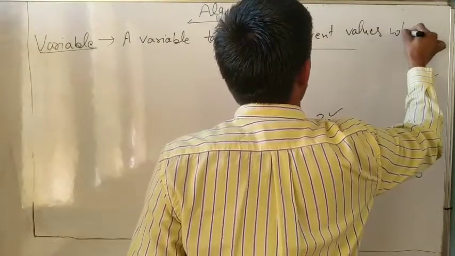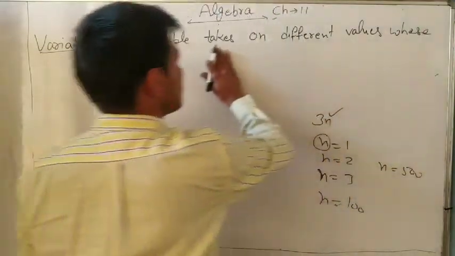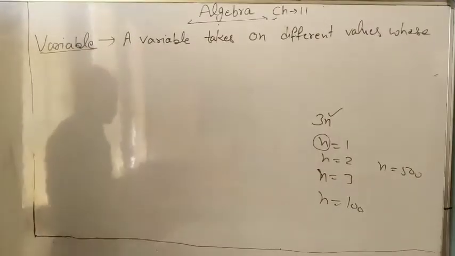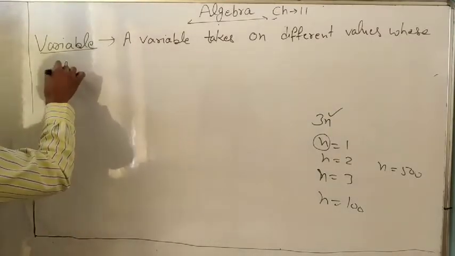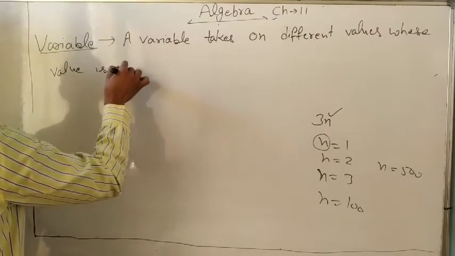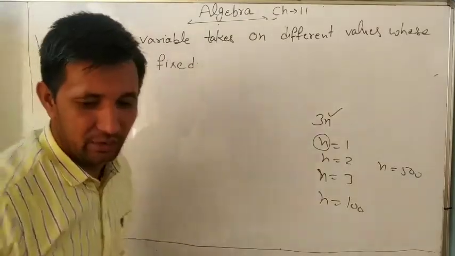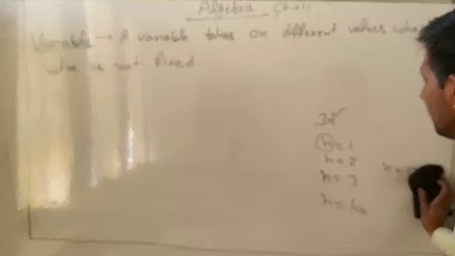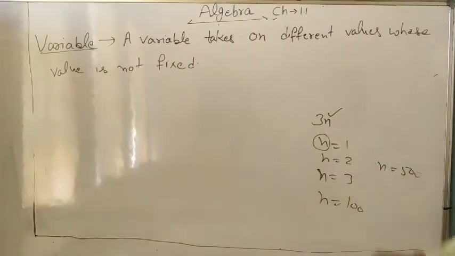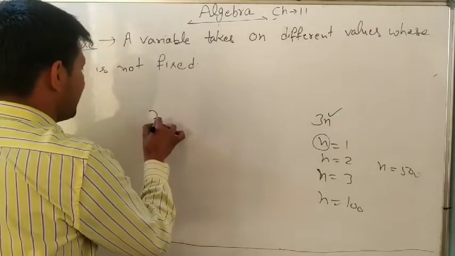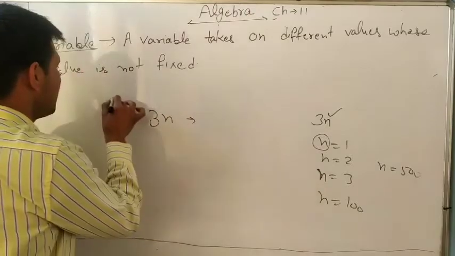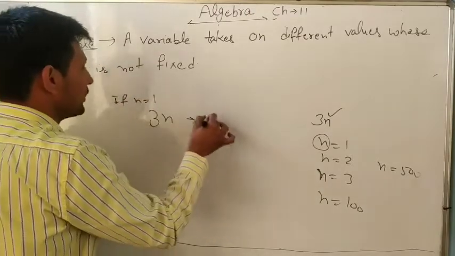Takes different values whose value is not fixed. Its value is not fixed. Maybe 3 into N. If N equal to 1, so it is 3.